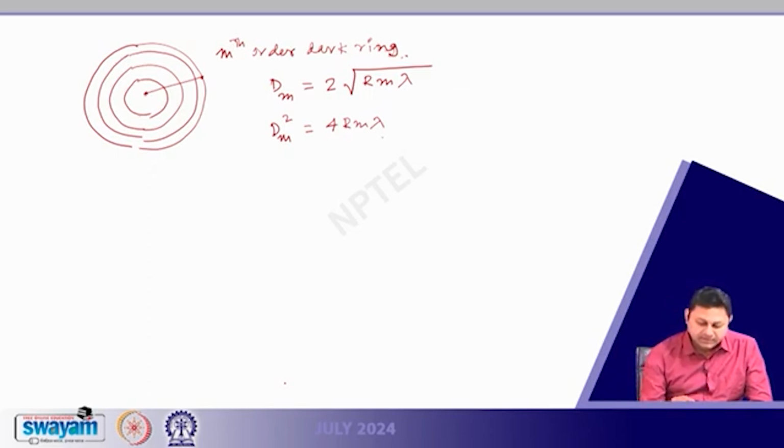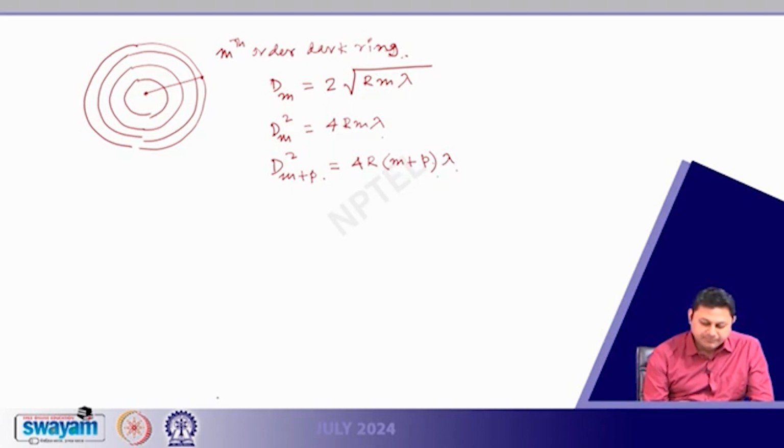Similarly, I can also measure some other order, suppose the m plus pth order dark ring, and for that this value will be 4 into r multiplied by m plus p lambda.